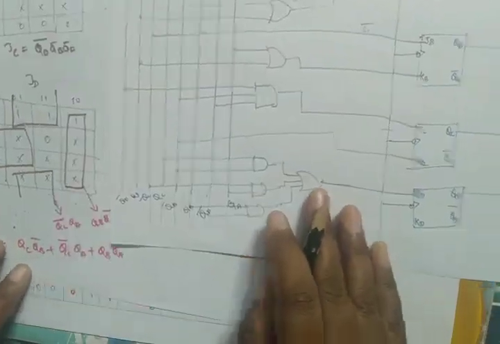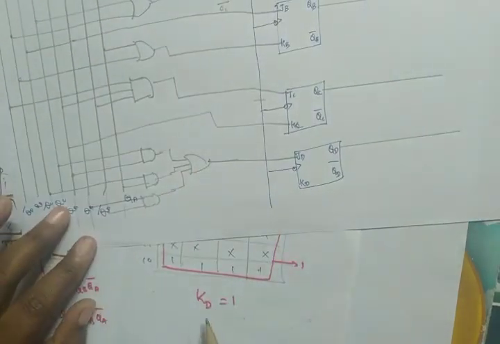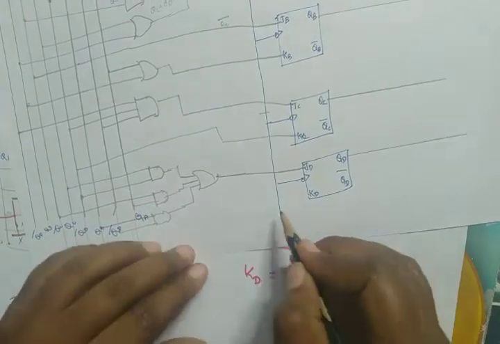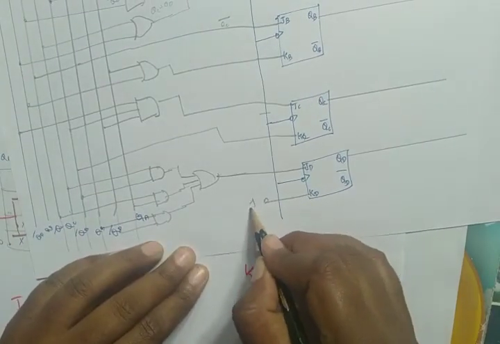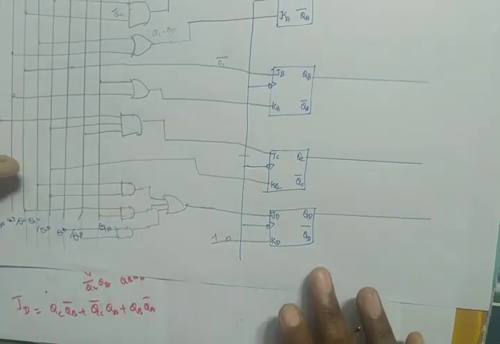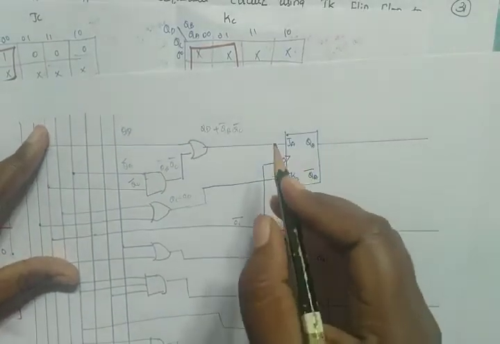Then finally, KD is equal to 1, so we can give 1 directly. This is how we have to draw this diagram. Now here we have QA.